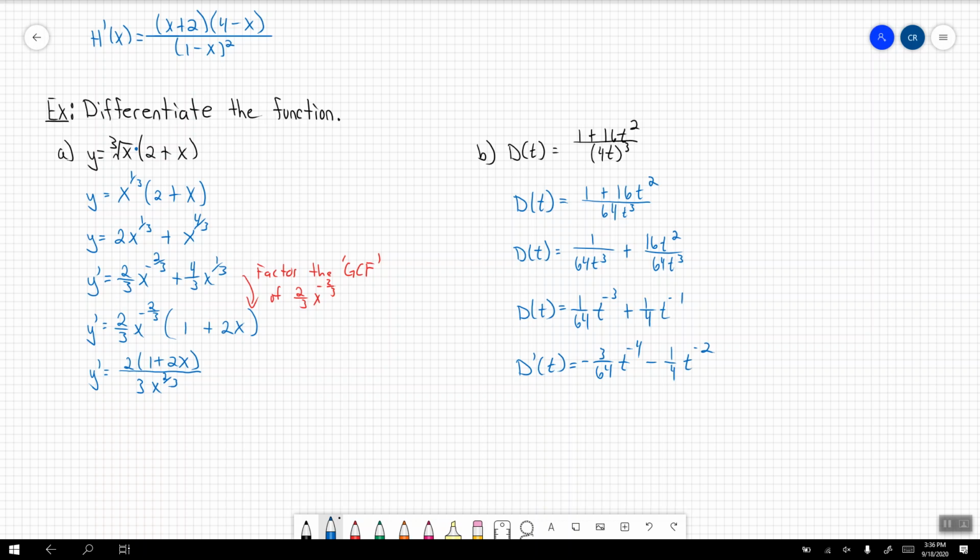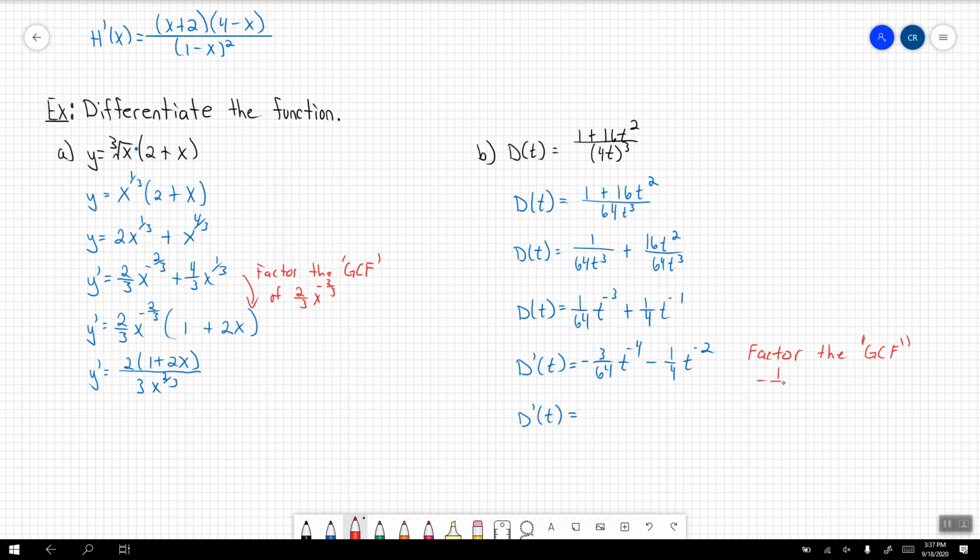Again, factor out your GCF. So what is our GCF here? Well, I have a denominator of 4 that they have in common, and I also see a negative, so I'll probably want to factor out that negative as well.